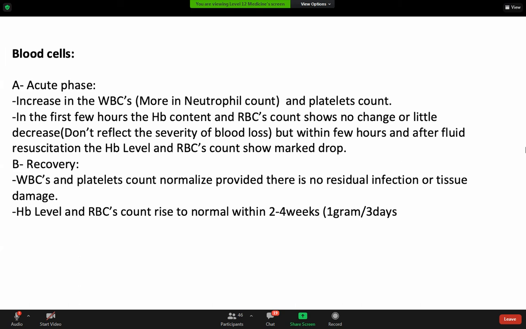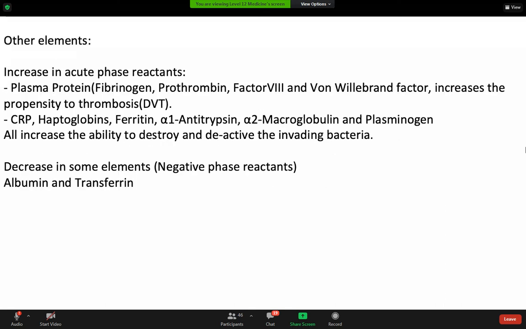During the recovery phase, the WBC and platelet count will normalize. Hemoglobin level and RBC count will normalize later within 2 to 4 weeks, without blood transfusion. We are talking about the normal process. Some other materials like plasma protein will be released, and there will be a decrease in some elements like albumin and transferrin as well.